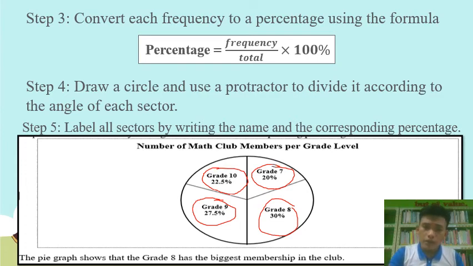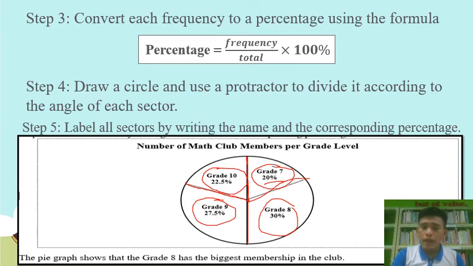So, you will use the degrees for this one. Okay, this is the sector for grade 10, the sector for grade 7, the sector for grade 8, and the sector for grade 9. So, how do we get 20%?